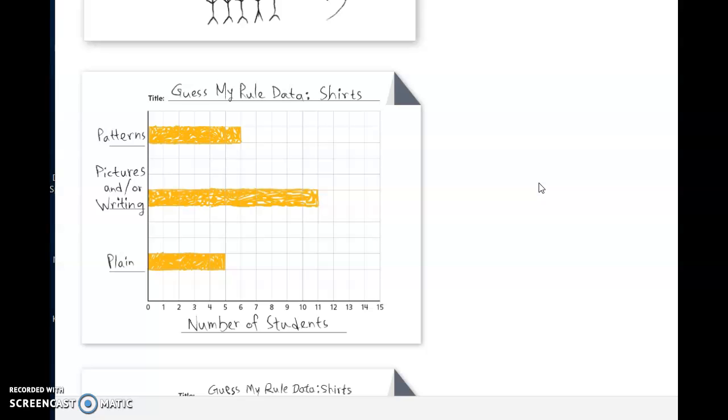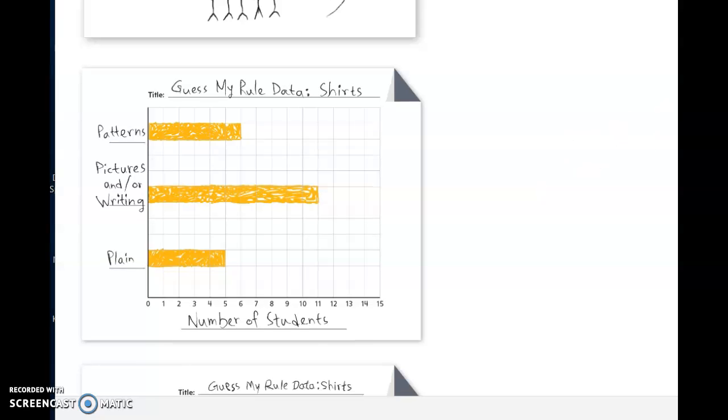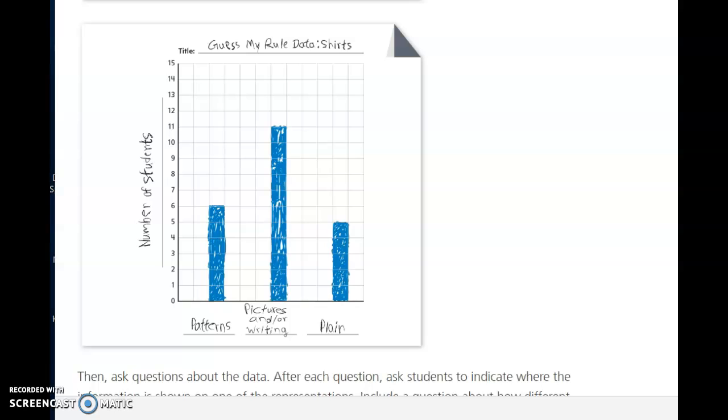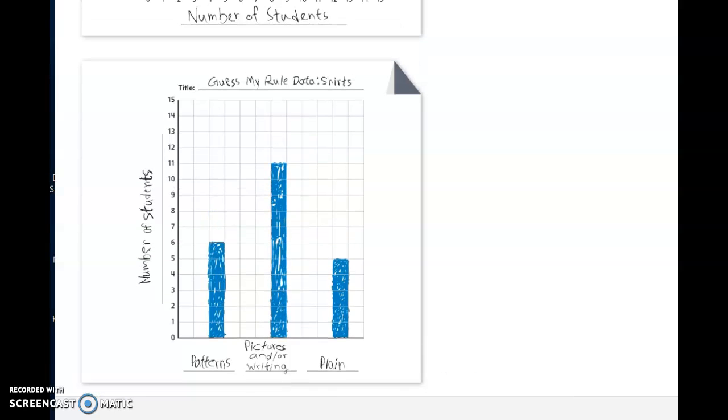So let's look at a vertical bar graph. On this one, just like the horizontal, we have the title at the top, the number of students, and then we have our 3 categories represented: patterns, pictures and writing, and plain. This time, instead of coloring in from the side to the top, we're coloring in from the top to the bottom.